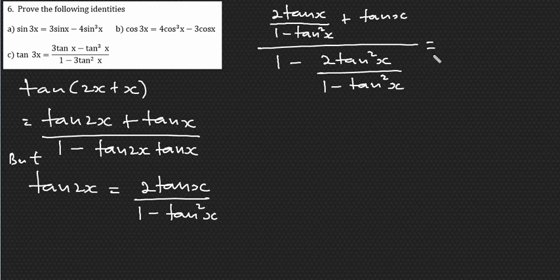So this becomes, let us put everything under the same denominator, so the LCM here, I'm going to cross multiply and transpose, this times this, then this times this, so we shall get 2 tan x, then this and this, we shall get plus tan x. Let us have enough space.